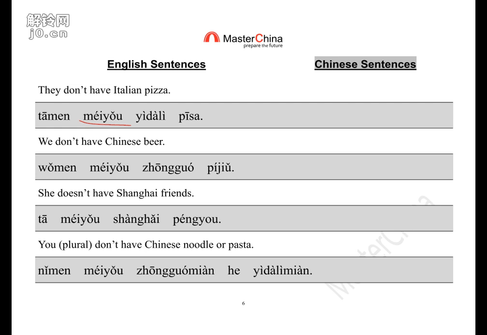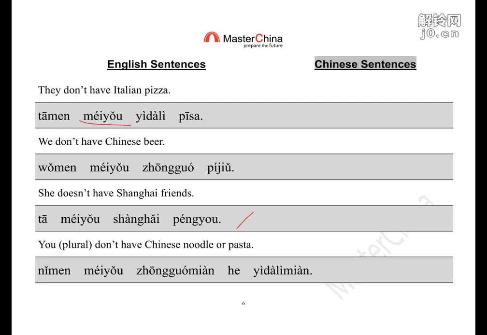Okay, so next one is 我们没有中国啤酒 so 没有. Next one 他没有上海朋友. Are you correct? I think you can manage them all.